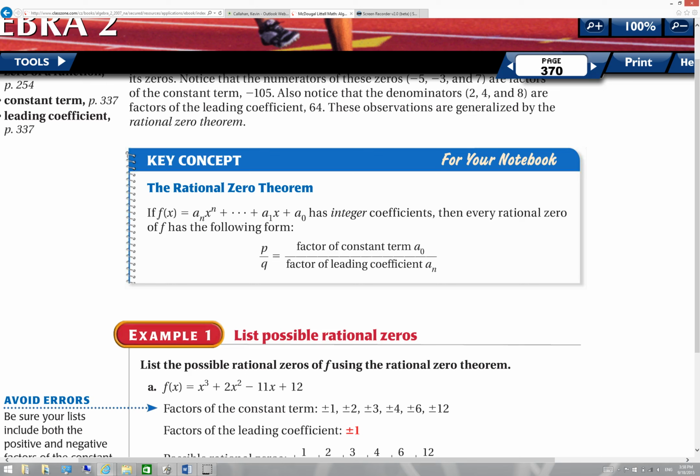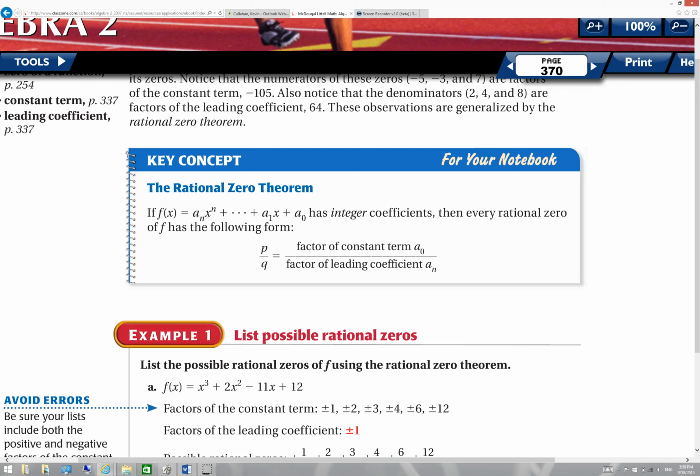The first term has a coefficient of 1. So if there are any rational zeros, they have to be from the list of all the possible factors of 12 divided by all the possible factors of 1. That's what they're making here, this list of possible rational zeros.